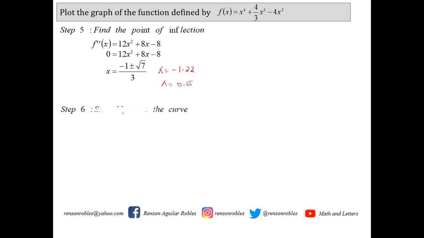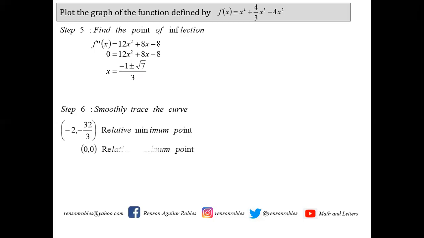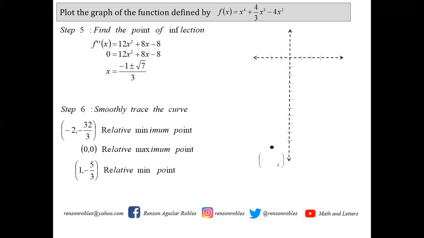And then the next step is to smoothly trace the curve. So negative 2, negative 32 over 3 is our relative minimum point, 0, 0 is a relative maximum point, and 1, negative 5 thirds is a relative minimum point. Then we trace the curve. Since this is a relative minimum point, the function goes downward and then upward.